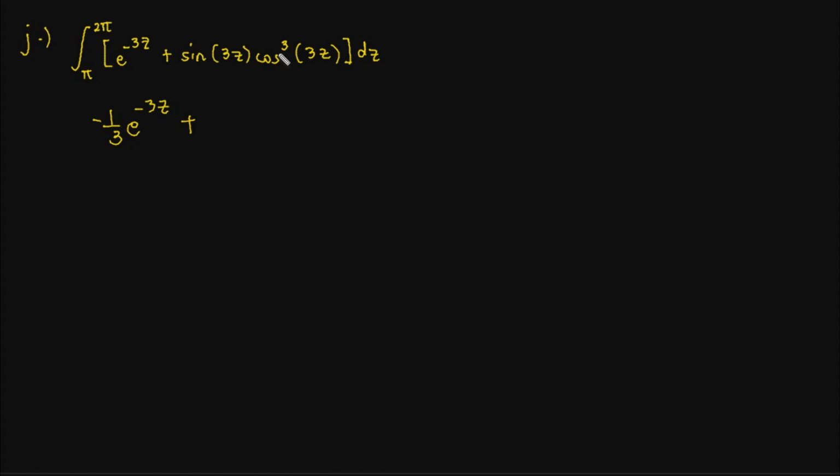And then if you differentiate cosine, it will result to a sine 3z or negative sine 3z. So with this, we have u cube, meaning you can use your u substitution, and then by doing power rule, then this becomes your cosine of 4 of 3z divided by 4, and of course multiplying this by 1/3, and you make this negative.